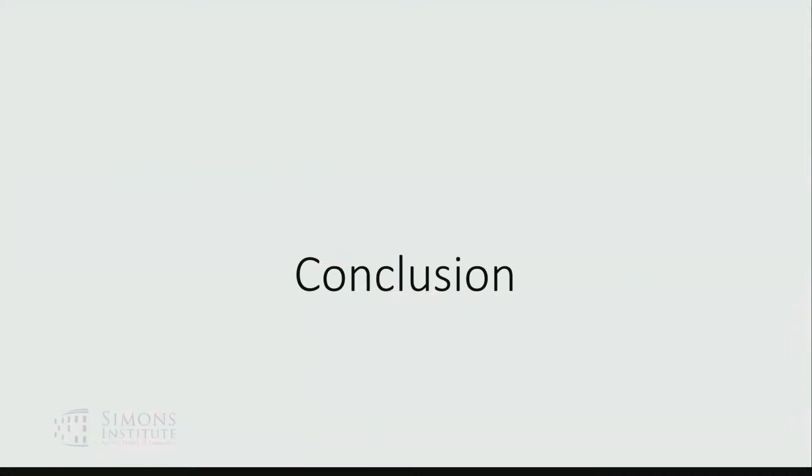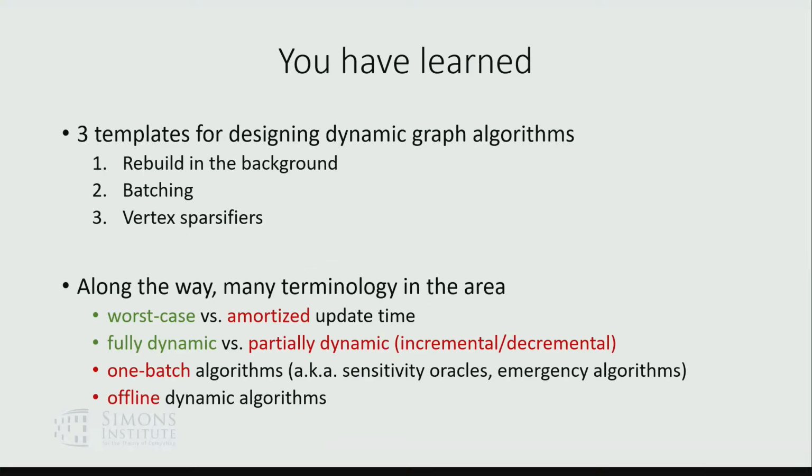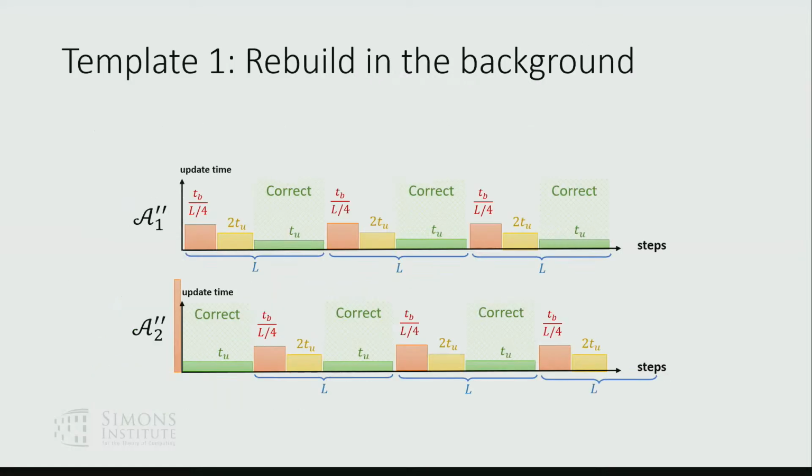So what you have seen so far is three templates of dynamic data structures. Along the way, we set up a basic terminology in the area. The first template is something like this, rebuild in the background.